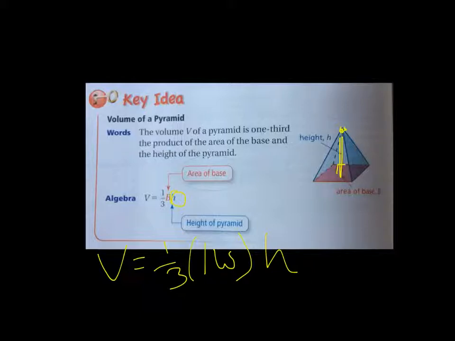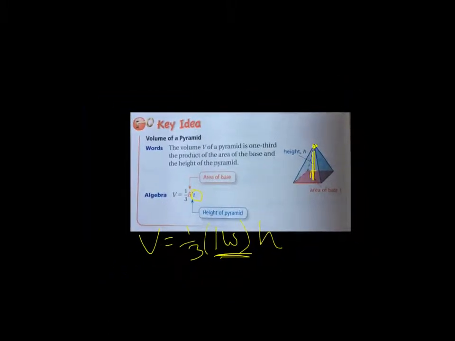So do you think that base always has to be a rectangle or a square for pyramids? No, you could have a triangular base, in which case this is going to change, right? If it was a triangle, you would have, let's minimize this a bit.